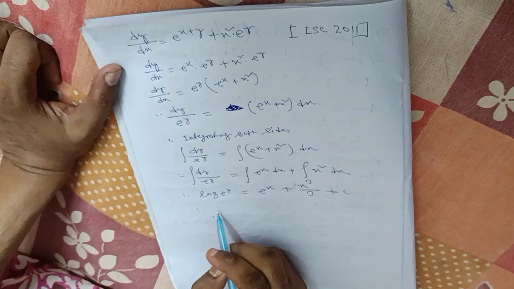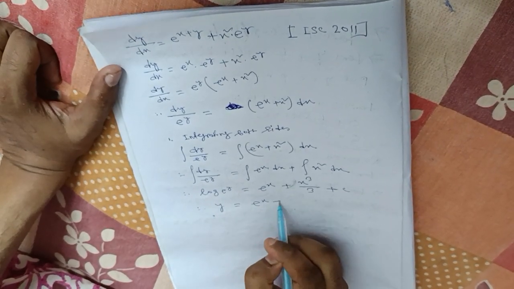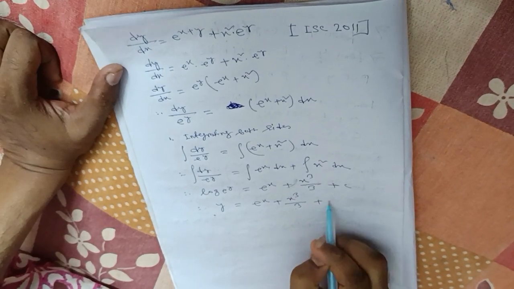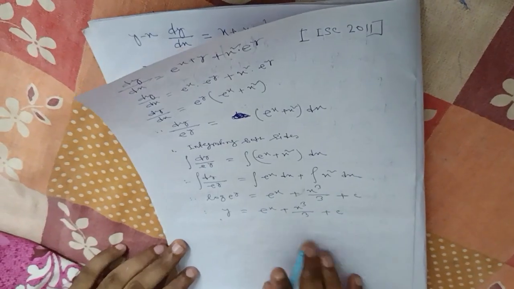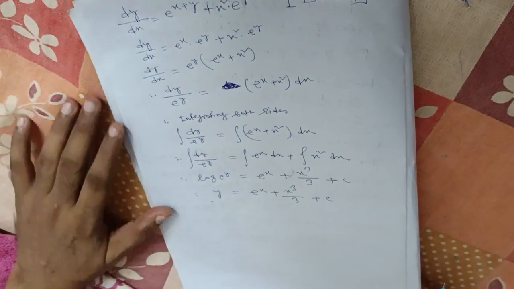Log e to the power y equal to, we can write y, then y equal to e to the power x plus x cube by 3 plus c. This is the final answer of this integration.